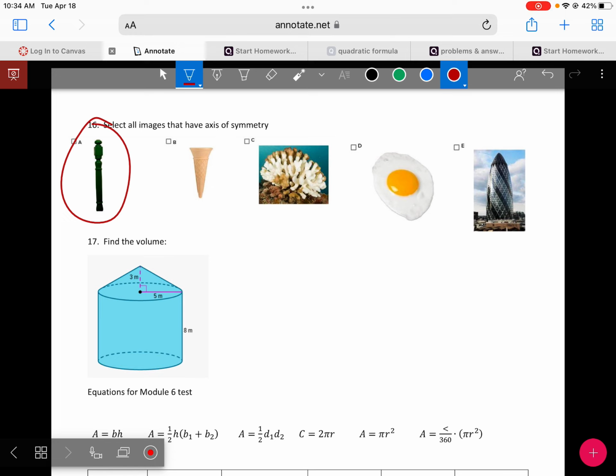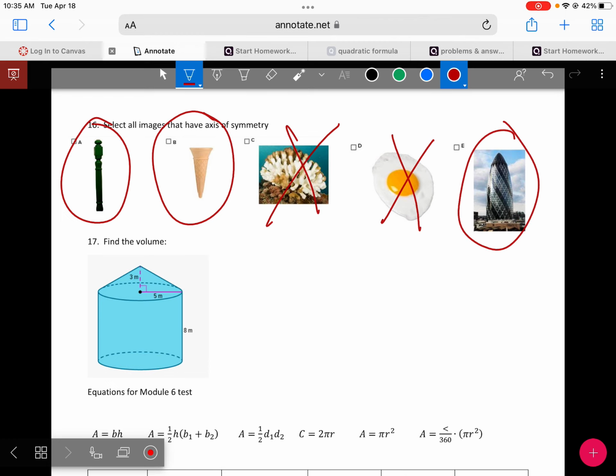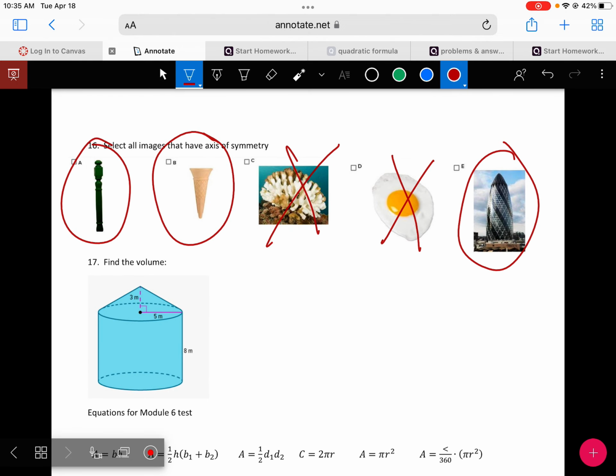It looks the same from all sides around, yes. What about the coral? No. What about the fried egg? It's close, but no. What about the building? Yes. If you look from each side, it has the same basic outline shape.